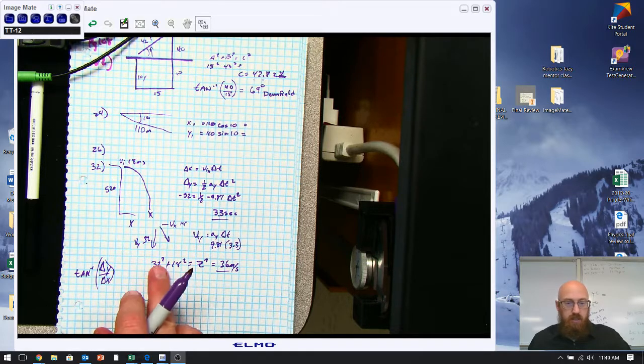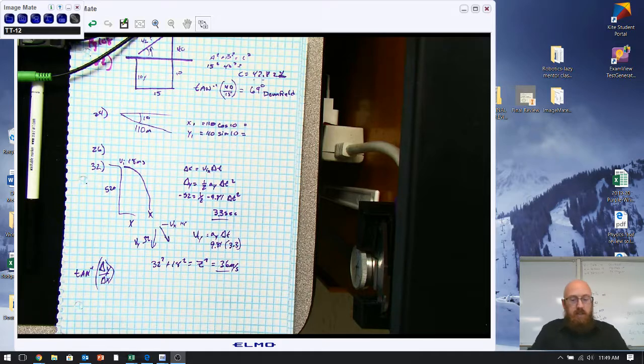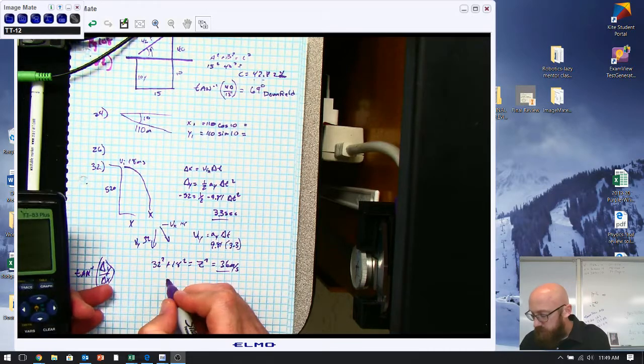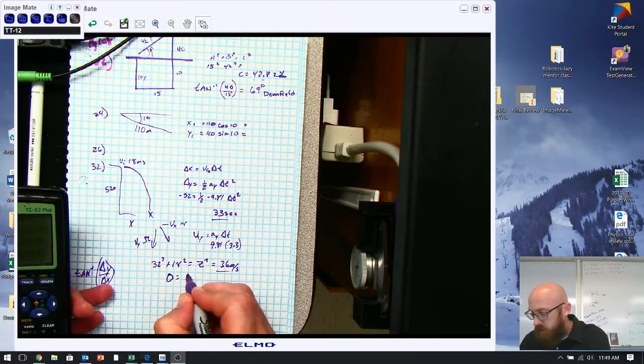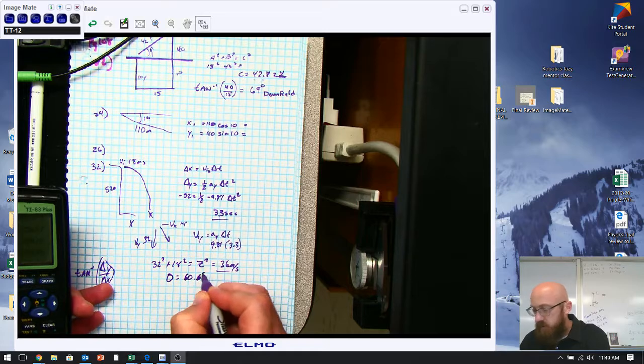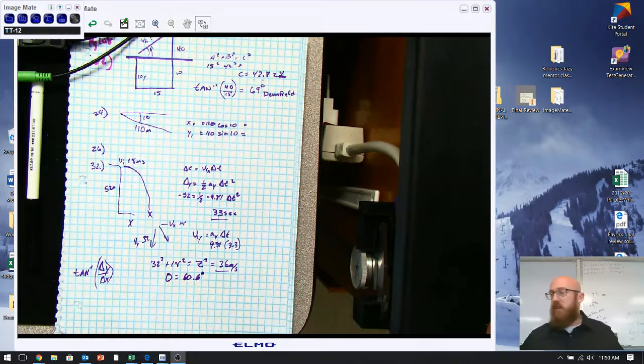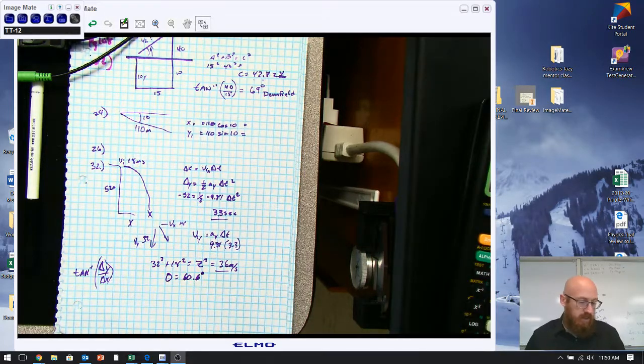So in this case, your Vy, inverse tangent of 32 divided by 18, at an angle equals 60.6 degrees. Again, the book's not asking for that, but what does it hurt? Nothing. So there is number 32.